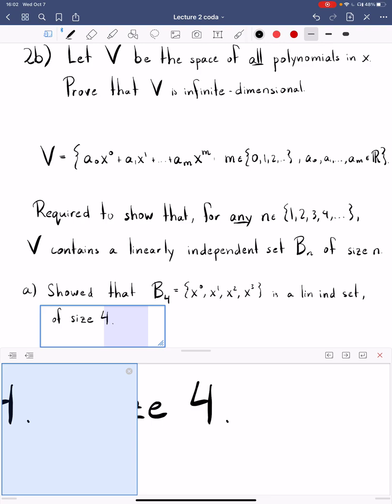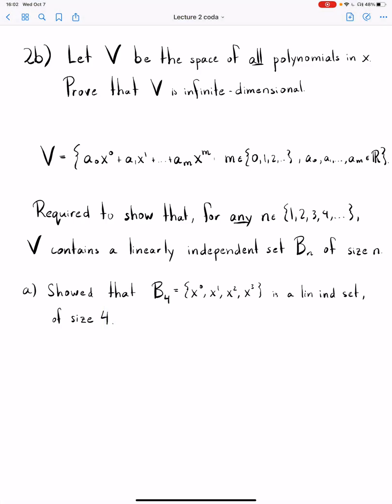And that's pretty suggestive, right? So this sort of says that you can probably see how to get a linearly independent set of size 5 or 6 or 600 million. And it's pretty clear how to just change this number 4 into whatever I want it to be. And so I will leave that up to you to write down the details, and we will discuss the remaining problems in the problem set when we meet on Friday for our flipped classroom session.